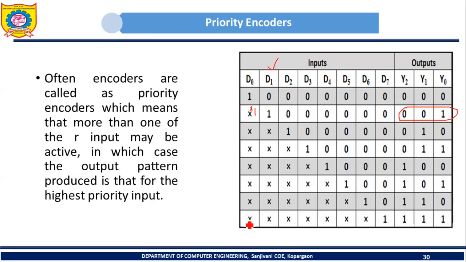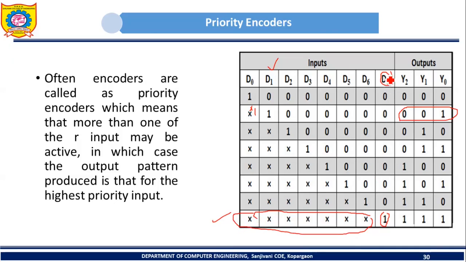Now similarly, consider the last row. In the last row, what is happening? Which input line is active? D7 is active. When D7 is active, D7 has the highest priority. I told you that highest number, highest priority, lowest number, lowest priority. So whenever D7 is 1, encoder is not going to check these lower inputs, D0 to D6.